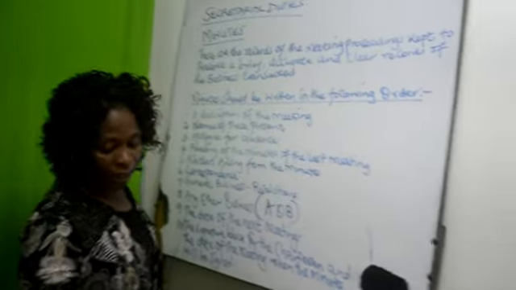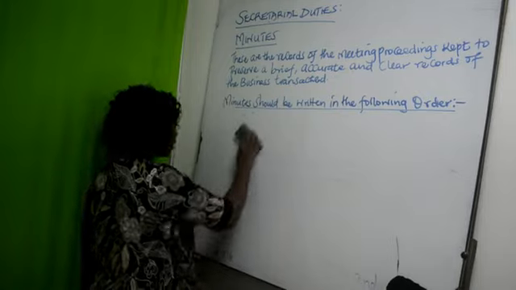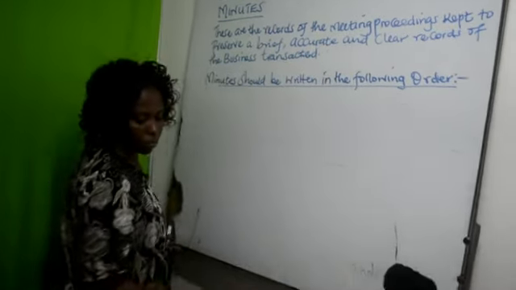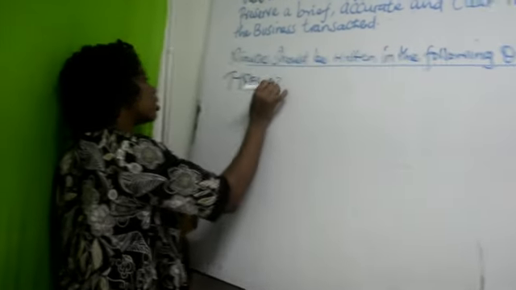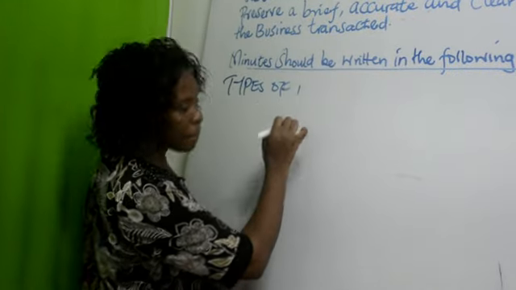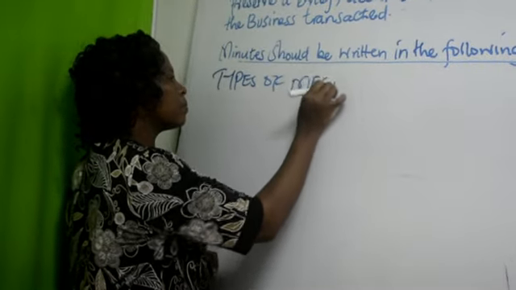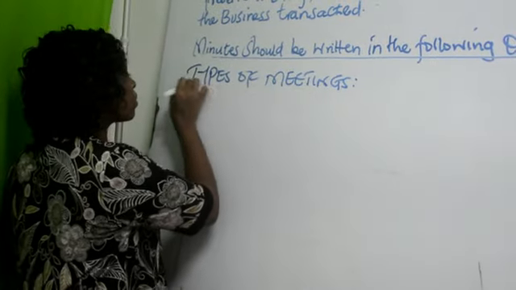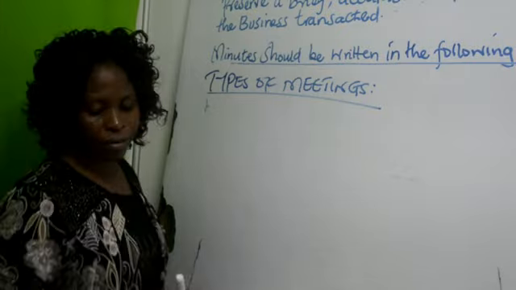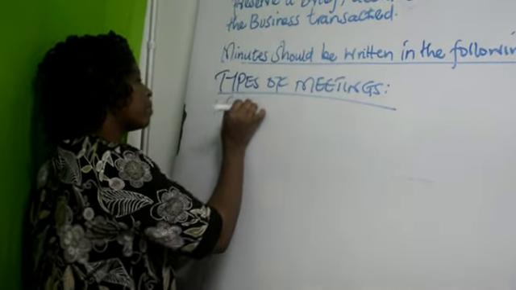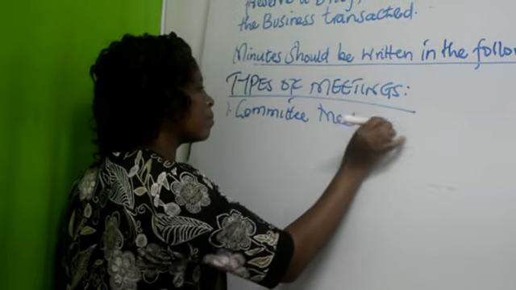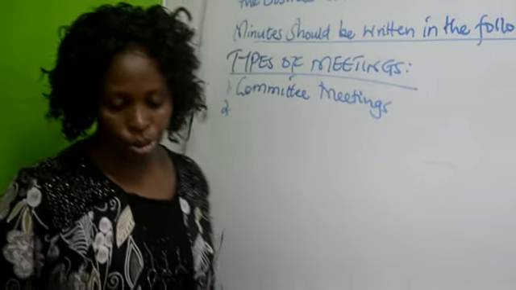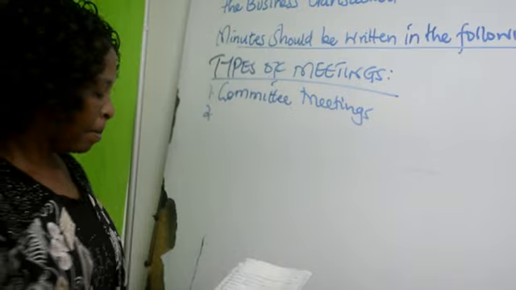Then we have the types of meetings. The next part is that we look at the types of meetings. This includes, number 1, committee meetings, number 2, informal meetings.